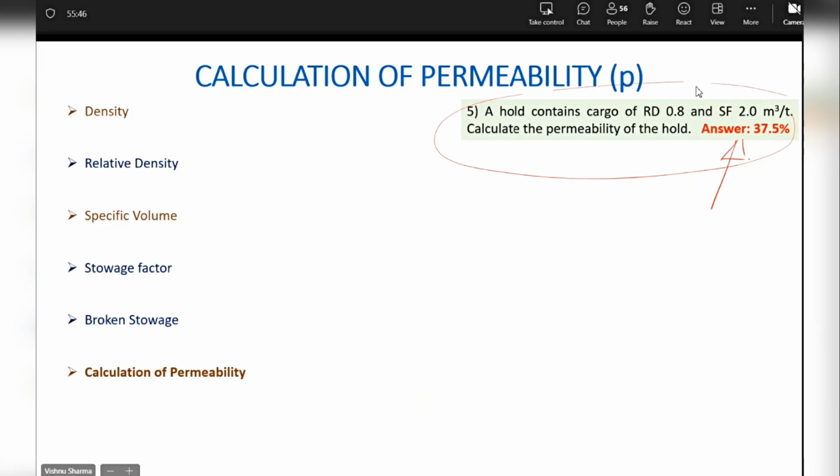Please confirm if the answer you're getting is 37.5%. Okay, so that means having done this bit of step, you should be okay with getting the permeability.